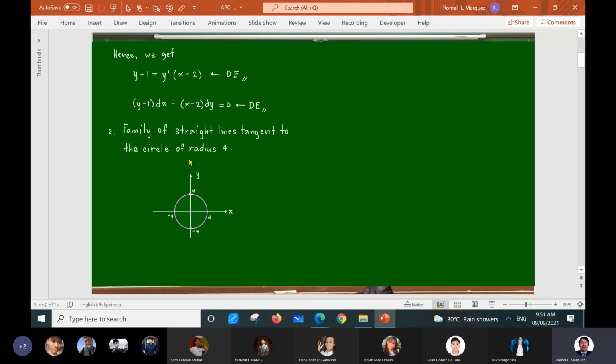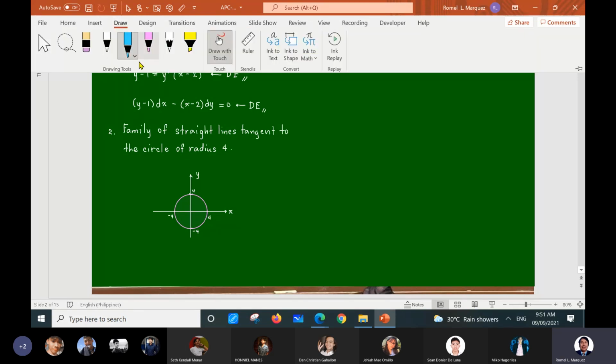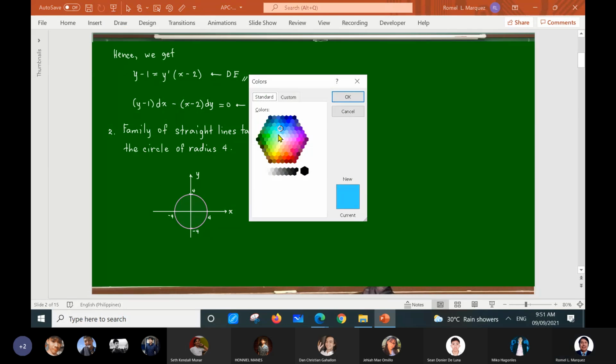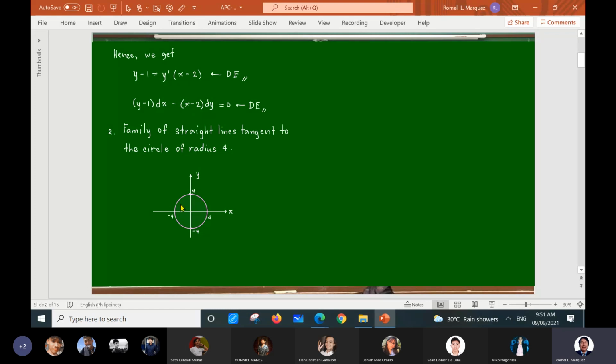So some of those that are members of this family: this one, let's say tangent at this point. So that is one member. Another possible member, I can have it here, parallel to the first one.